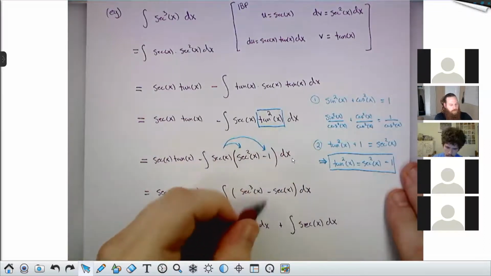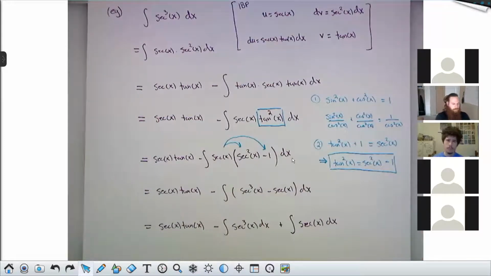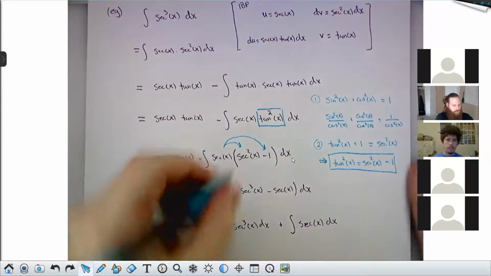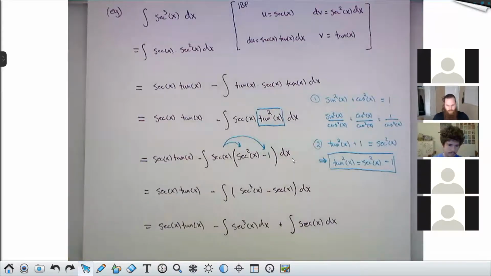This plus coming from this negative and this negative. Right, this negative here slaps both of those, making the second one positive.